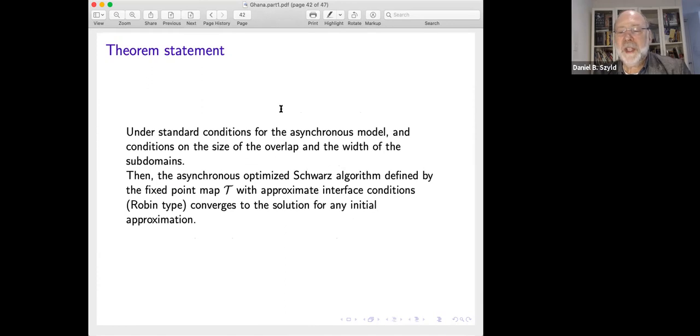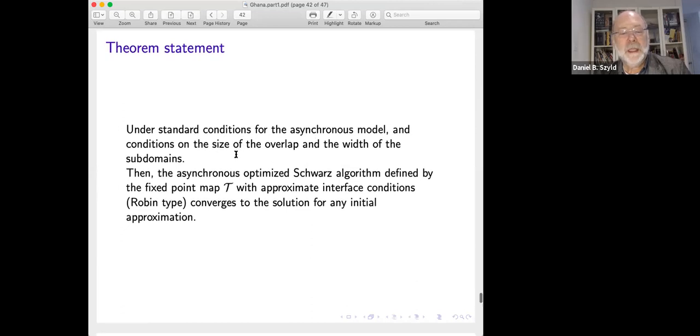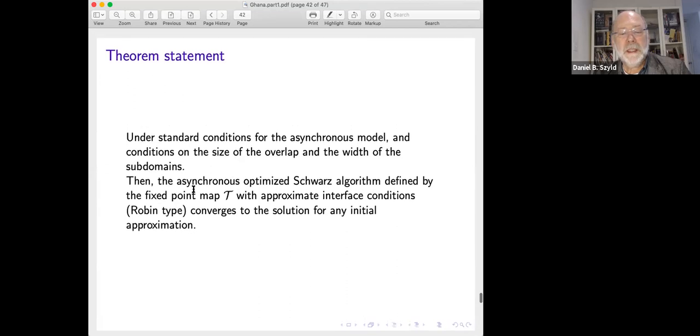No processor stops working, things like that. These are the standard conditions. And we have some conditions on the size of the overlap and the width of the subdomain that guarantee that this asynchronous method will converge to the solution for any initial approximation.